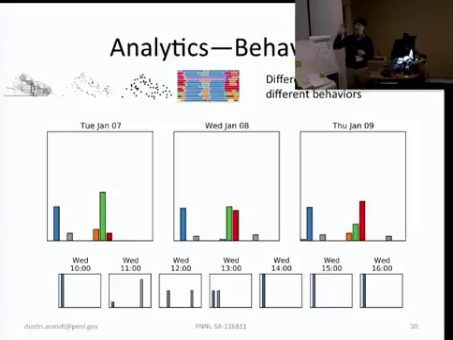And so the idea is that we slice up the data this way, and we create these histograms, which we call behaviors, just for every time window that we're interested in. And I just have a second one down here, so if we zoom in on Wednesday, we can see that those histograms are qualitatively different at a smaller time scale than they are at the larger time scale.